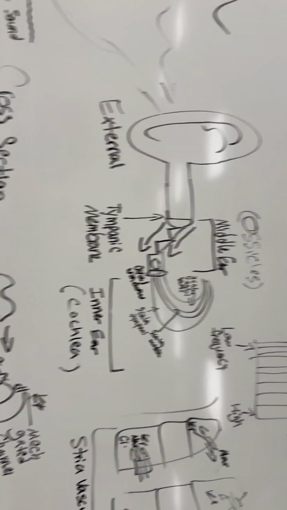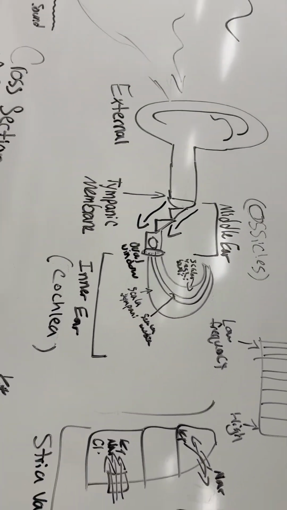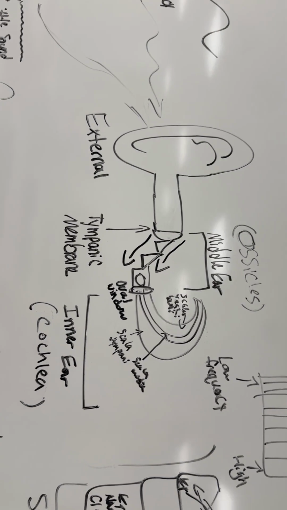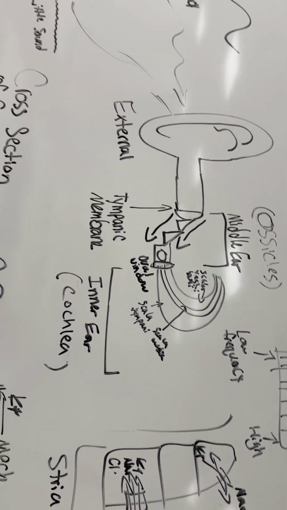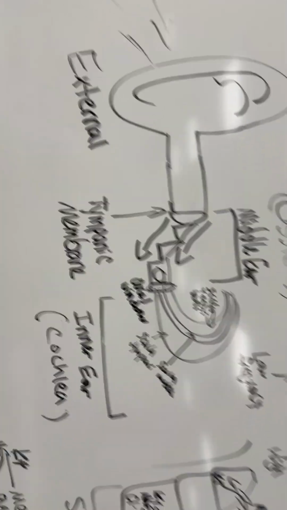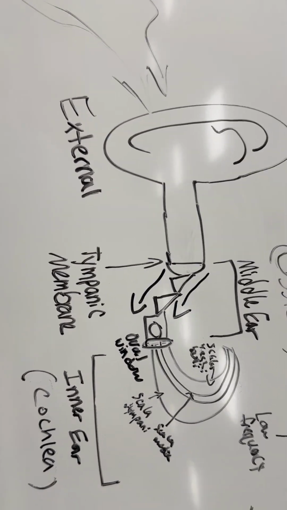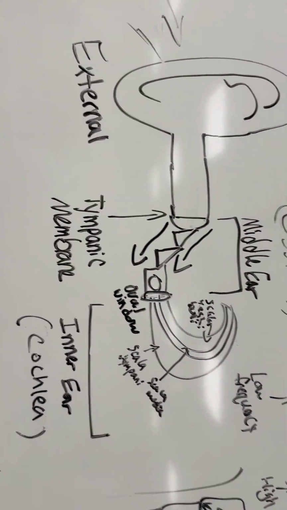And then we cross over into the middle ear, and the defining feature of the middle ear are our ossicles. We have the hammer, the anvil, and the stirrups, basically. So what's going to happen is the tympanic membrane is going to vibrate these three bones. These are actually bones.